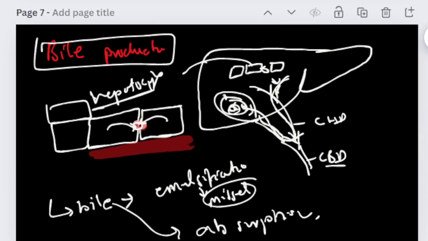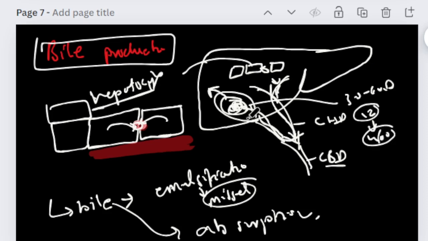In the gallbladder it becomes concentrated: sodium, potassium, water are absorbed from the gallbladder, okay, and it becomes concentrated. Actually it can store up to 30 to 60 ml of bile, but in 12 hours, 460 ml of bile can come to the gallbladder, but it absorbs water, etc., and the bile becomes concentrated.